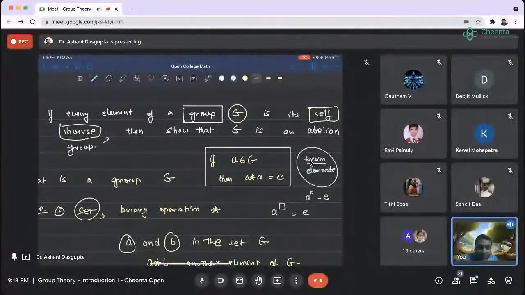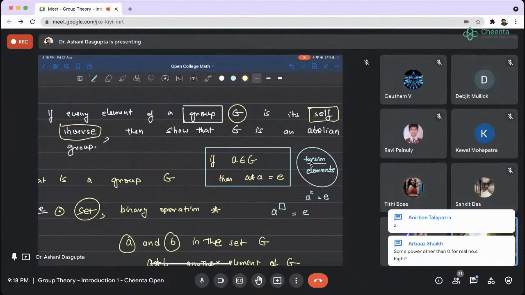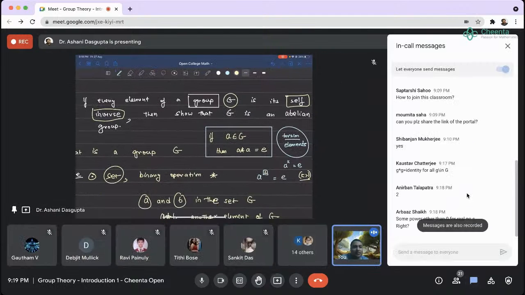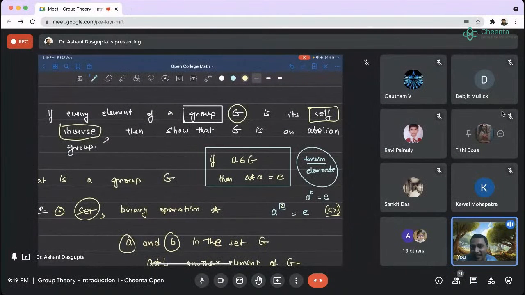Well, in this particular case, it is exactly the number 2. Yes, k is greater than 1, you can say. Of course, if k is equal to 1, it doesn't make sense. It's not very interesting, because in that way every element is a torsion element for every group.